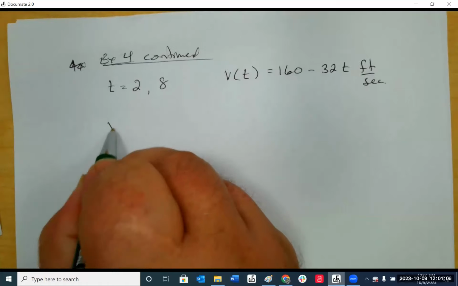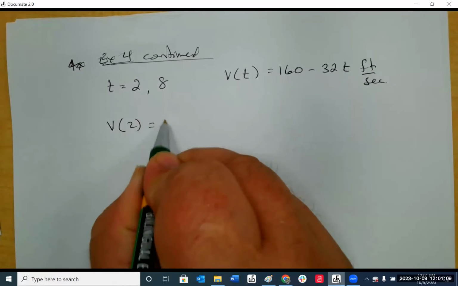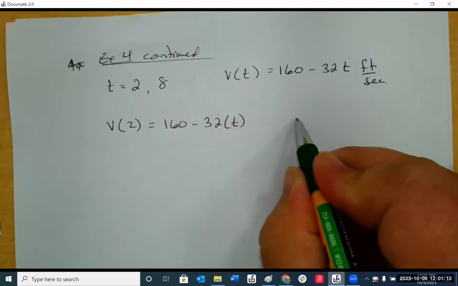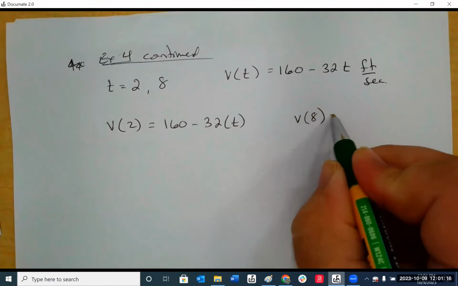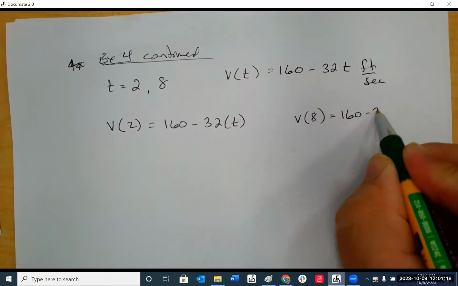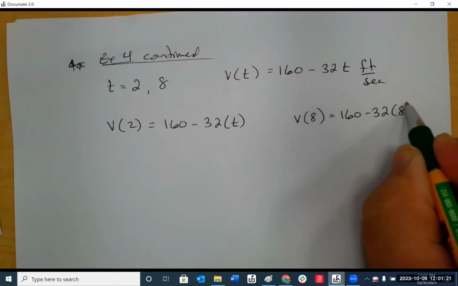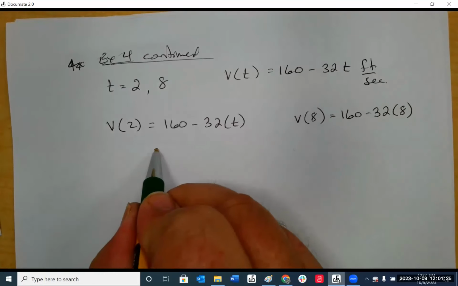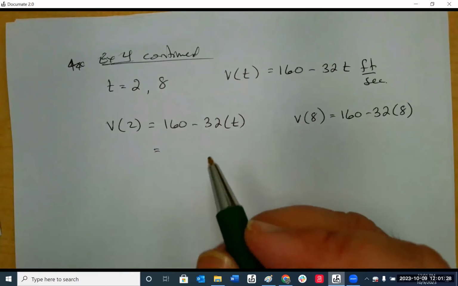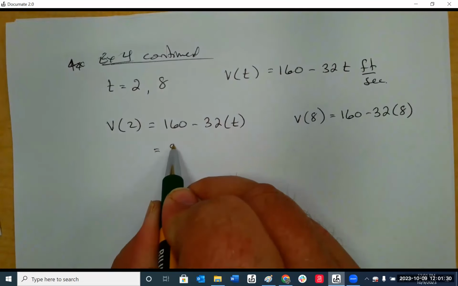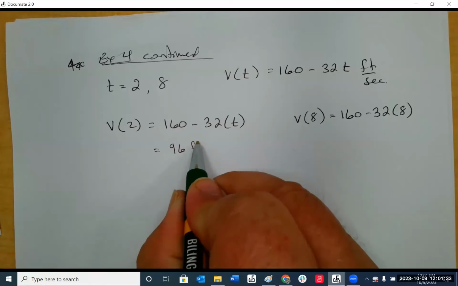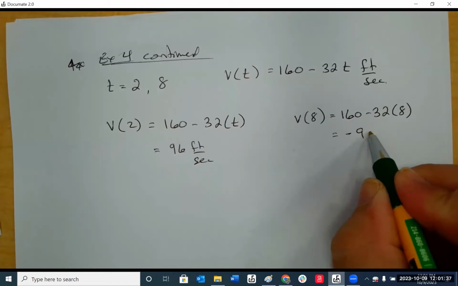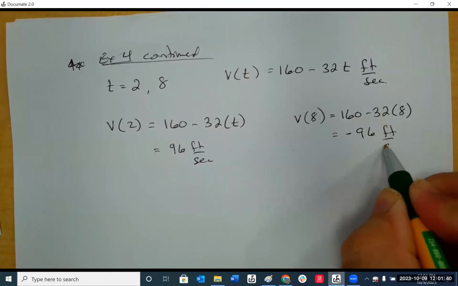So V of 2 and then V of 8. This one is 96 feet per second, and the other one is negative 96. Why is that? Because one is going up, and the other is going down.